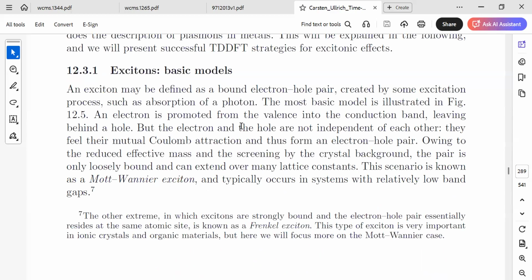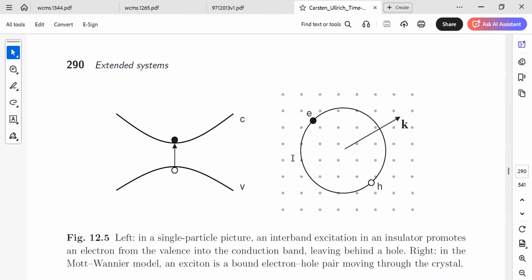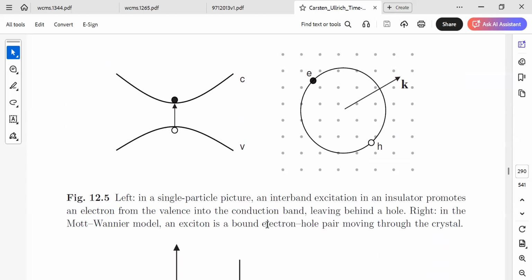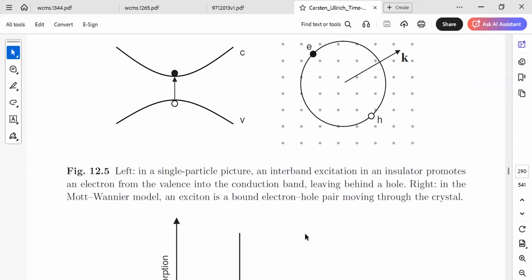We want to solve such equations in which we want to find directly the energy of this electron-hole pair collectively. This electron-hole pair can be described as a single particle, which is actually called the quasi-particle.